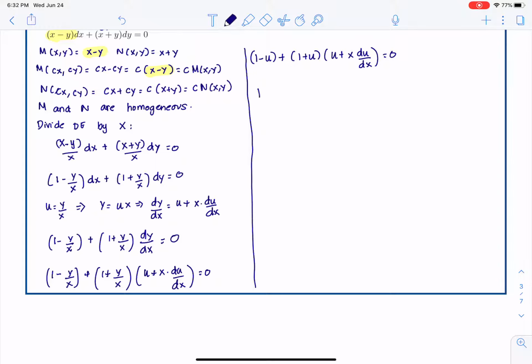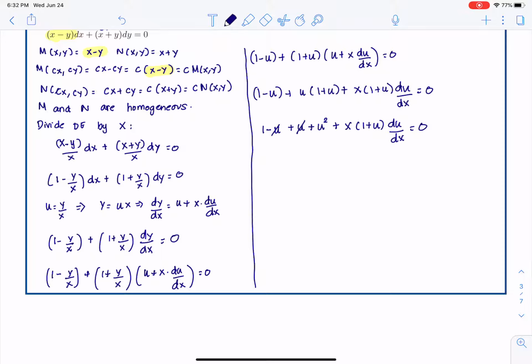Distribute, we will have (1 minus u) plus u times (1 plus u), plus x times (1 plus u) du over dx equals 0. 1 minus u plus u squared, plus x times (1 plus u) du over dx would equal 0.